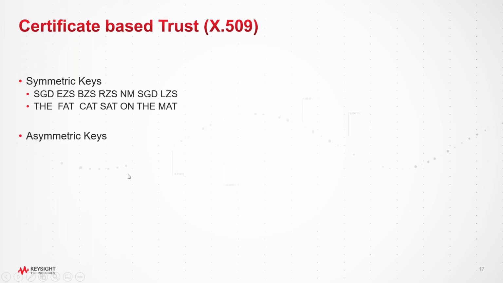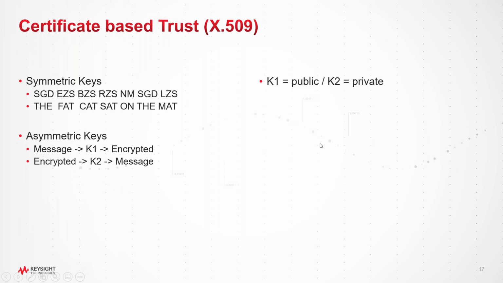With asymmetric keys, you have a different mechanism, meaning that one key is used to encrypt the message and a completely different key is used to decrypt the message. So what we can do with this is we can actually take the first key, make it public, and make the second key private. What does that do for us?